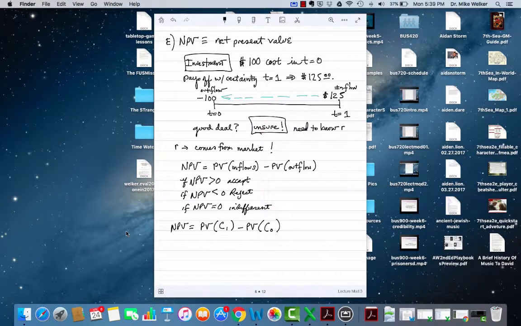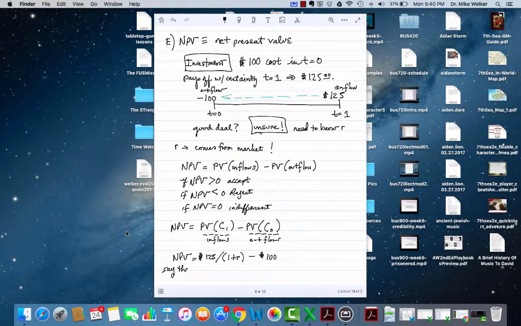That's the present value of inflows minus the present value of outflows. Just compare the two. So we're taking the net present value of $125, discounted by 1 plus R, minus 100. Remember, the $100 in time period 0 has a present value of $100.